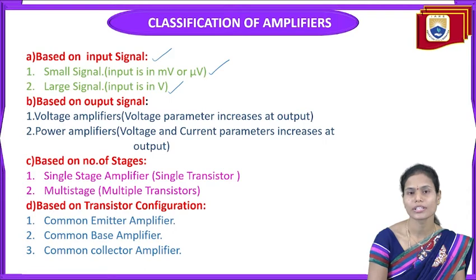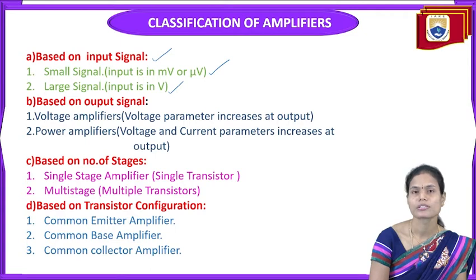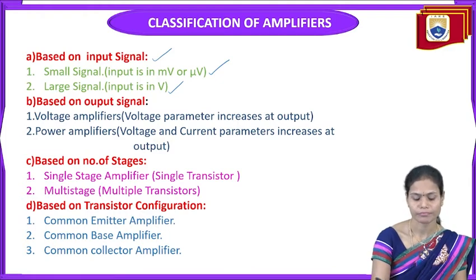Similarly, a large signal amplifier can amplify frequencies above that range, or high frequency signals. And if you provide any low frequency signal to this large signal amplifier, we will get distortion in the output circuit.